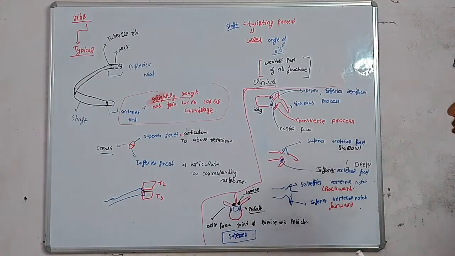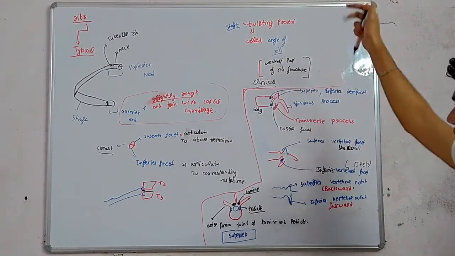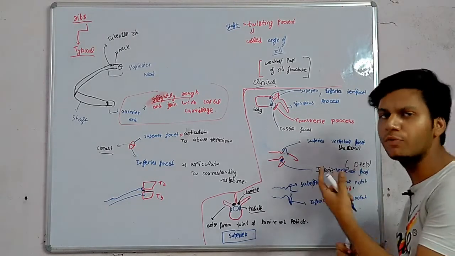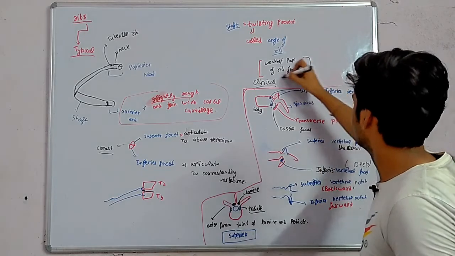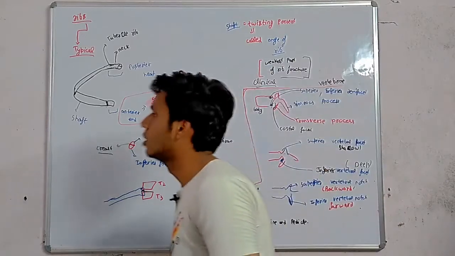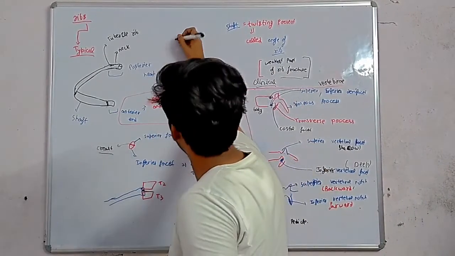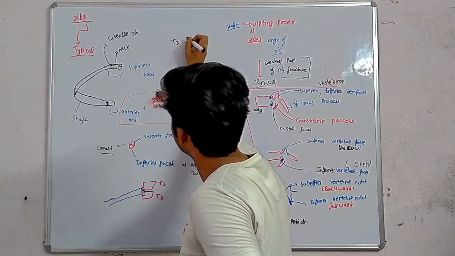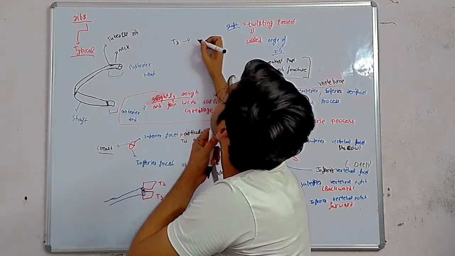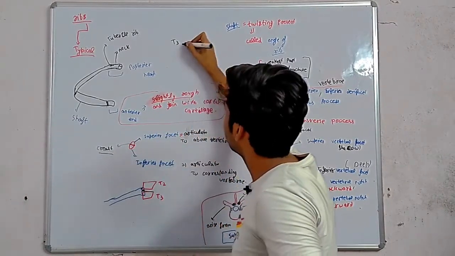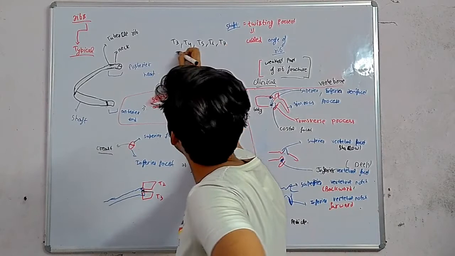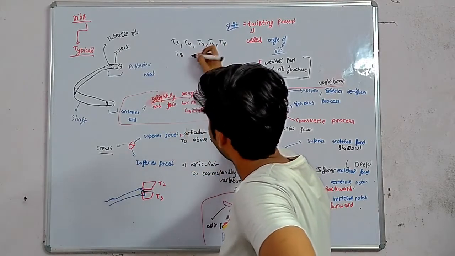Done. So these are the typical features and some important features of vertebra. Don't confuse them. So vertebra and typical rib features are complete. Typical ribs include T3, T4, T5, T6, T7, T8 and T9.